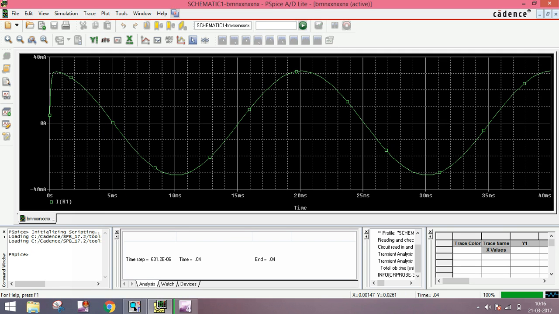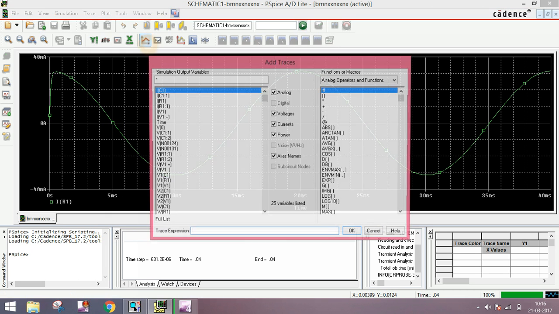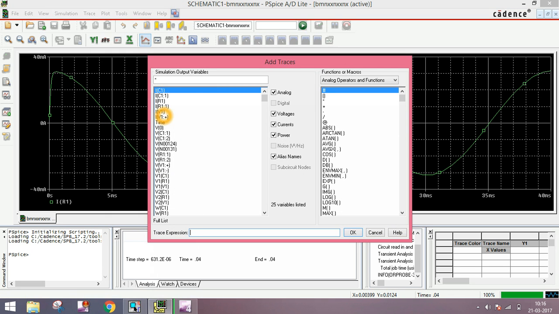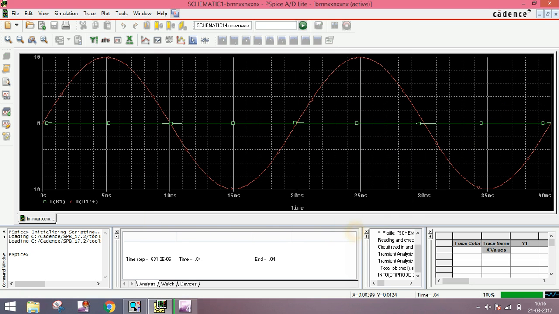You can see the first curve crosses at 5 milliseconds, and now add V1 plus, and this crosses at 10 milliseconds.